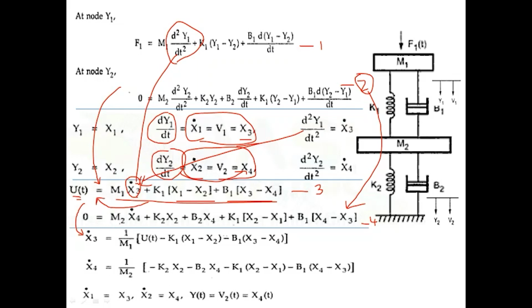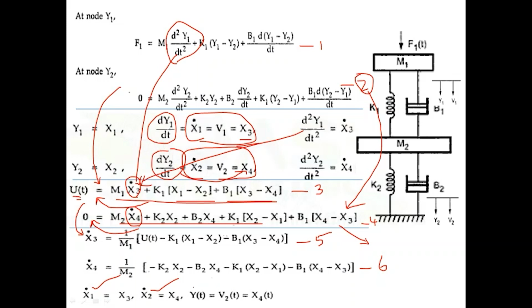Similarly, in this expression, I can find x4 dot by sending all the parameters to the left hand side. You just need to work out this calculation and you will get equation number 5 and equation number 6. Since x1 dot and x2 dot have already been found, here we can directly obtain x3 dot and x4 dot from the above expressions.